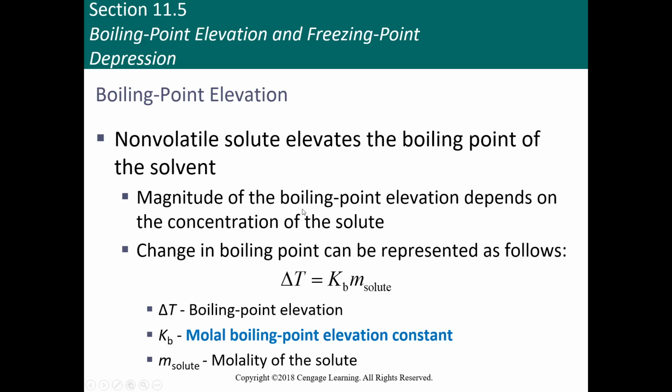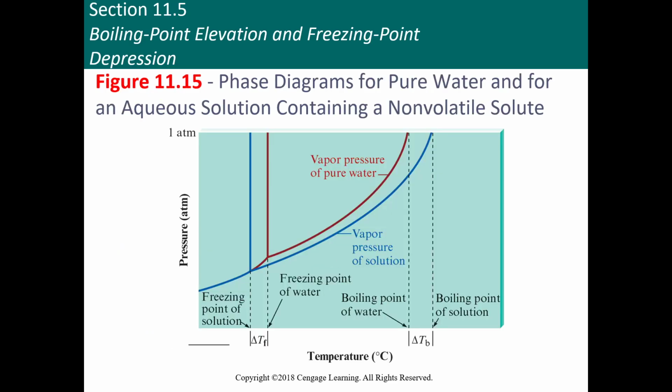By the way, this constant is a value for your solvent, and so the kilograms of solvent cancels out a portion of this K. Again, that's your molality. Here we can see a phase diagram for pure water and for an aqueous solution containing a non-volatile solute.